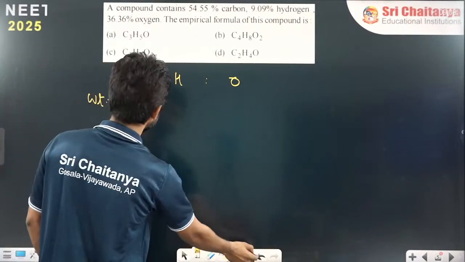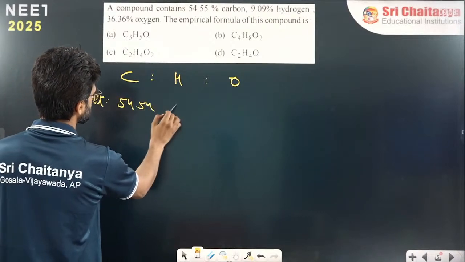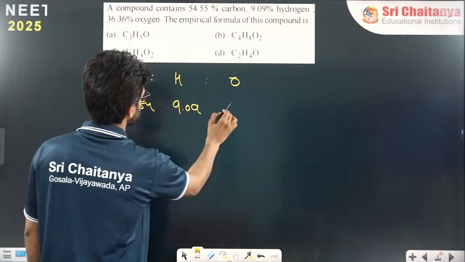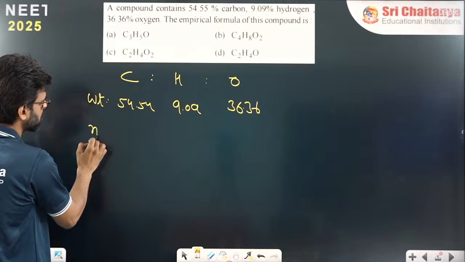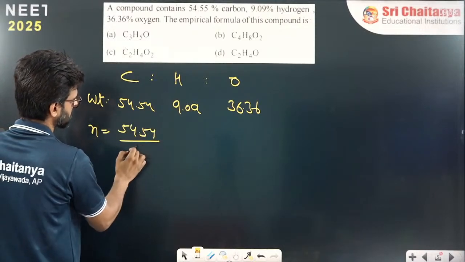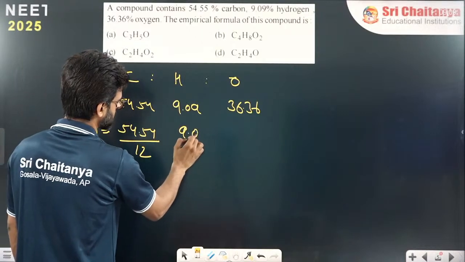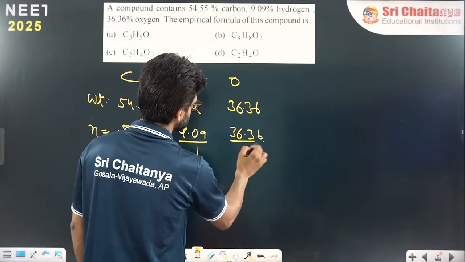They gave carbon 54.54, hydrogen 9.09, and oxygen 36.36. We have to find the molar ratio. How can we find it? 54.54 divided by 12, 9.09 divided by 1, and 36.36 divided by 16.